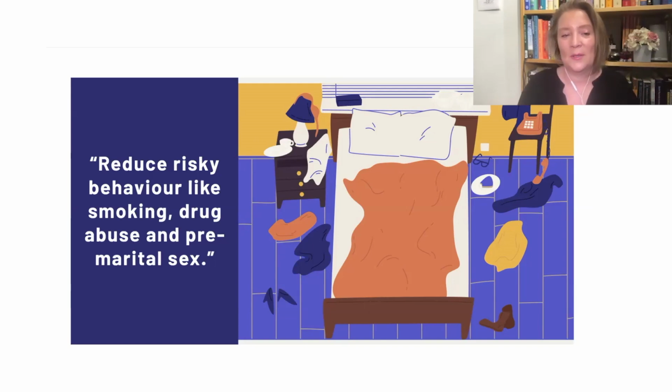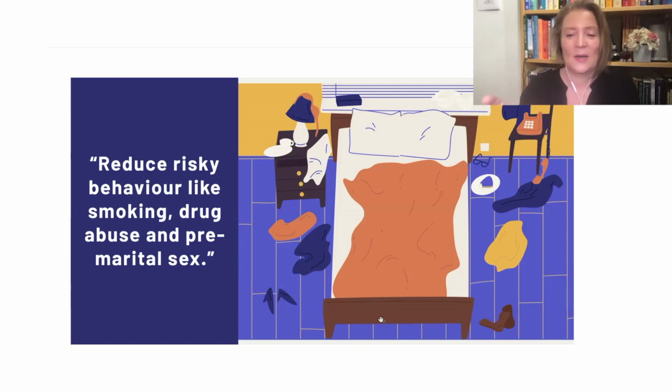Whether or not premarital sex is the same as drug abuse, is the same as smoking, is somebody's opinion. And so using data that came from this study in your data journalism story embeds the project design's opinion of what is a risky behavior into your data story.